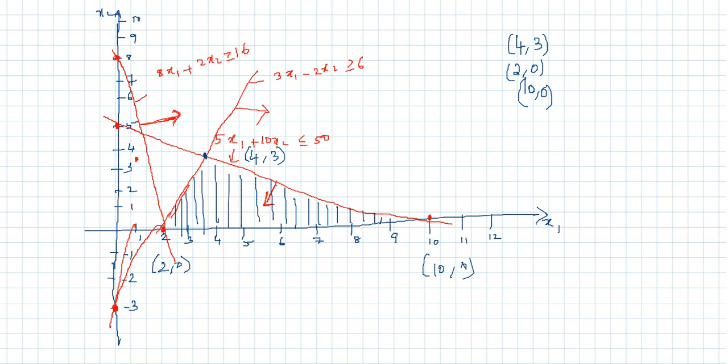If you apply 4 comma 3 in the objective function z, max z is equal to 100 x1 plus 80 x2.